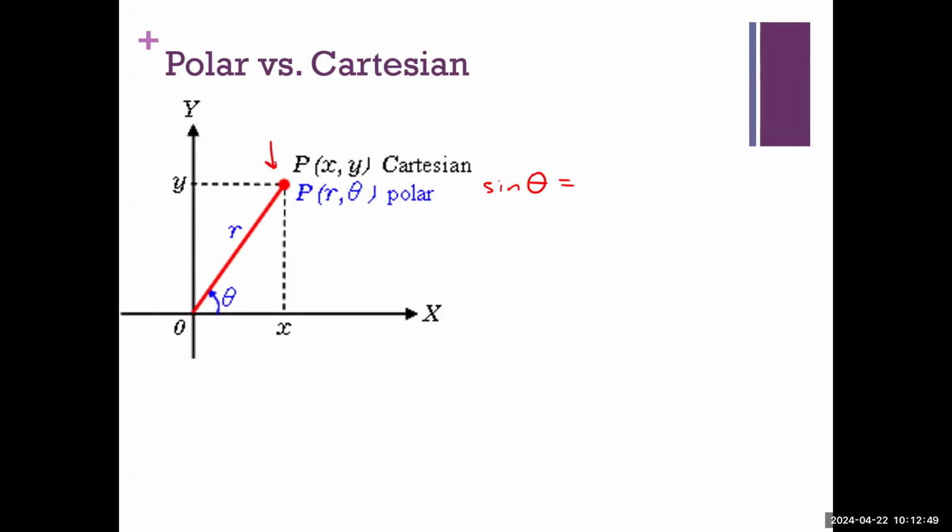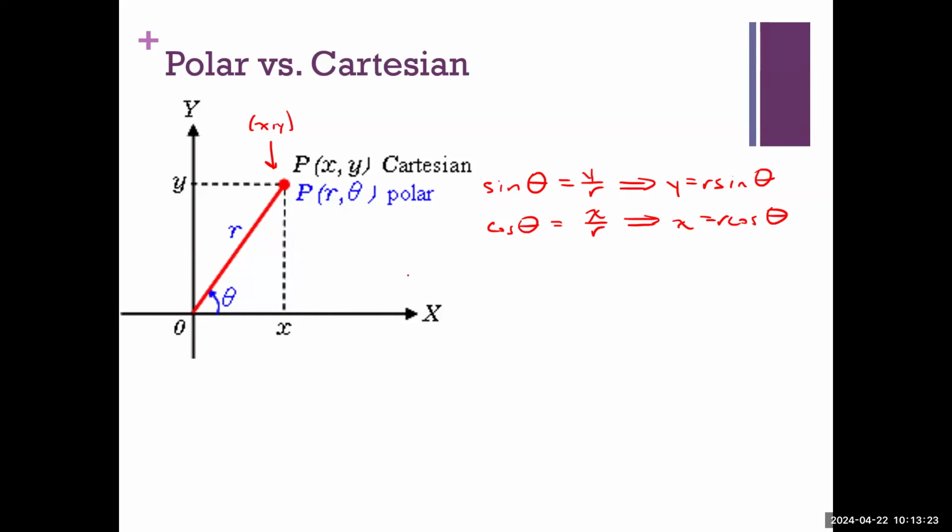Knowing that this point right here has coordinates (x, y), the sine is y over r, and the cosine of that angle should be x over r. I'm hoping you've seen this, right? y is equal to r sine theta, and x is equal to r cosine theta. Seems familiar? Cool.